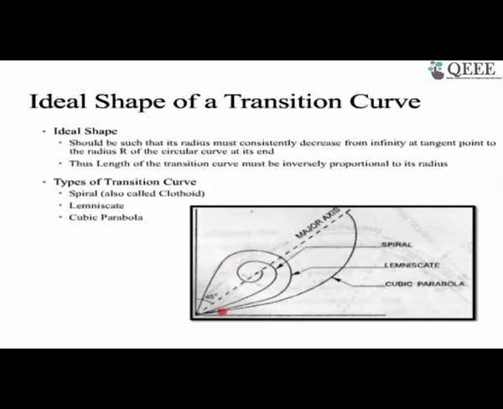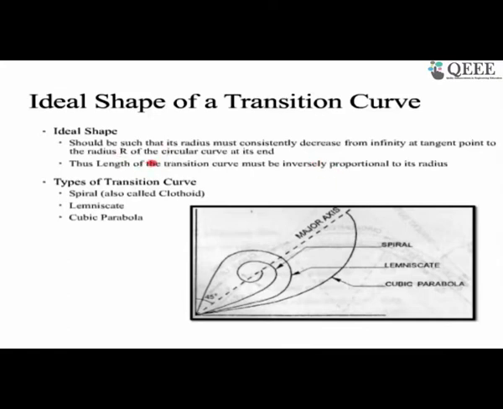So the property it should have is that the radius of the transition curve should vary from infinite to the desired radius, and it should come in proportion to the length. The radius of the transition curve must be inversely proportional to the length. So this is how it can be attained.